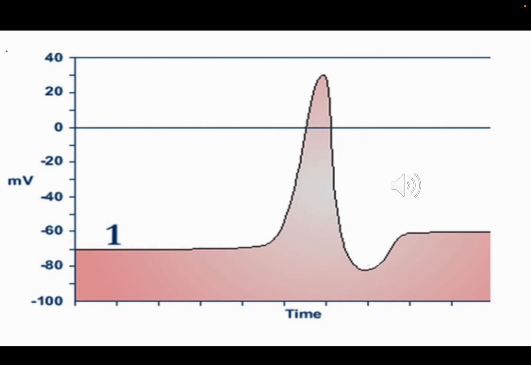As you can see, this graph is constant for a little bit at negative 70 membrane potential, which is basically resting membrane potential. The value remains constant until an external factor disrupts the cell membrane. Basically, later on I'll explain why it peaks up. Thank you.